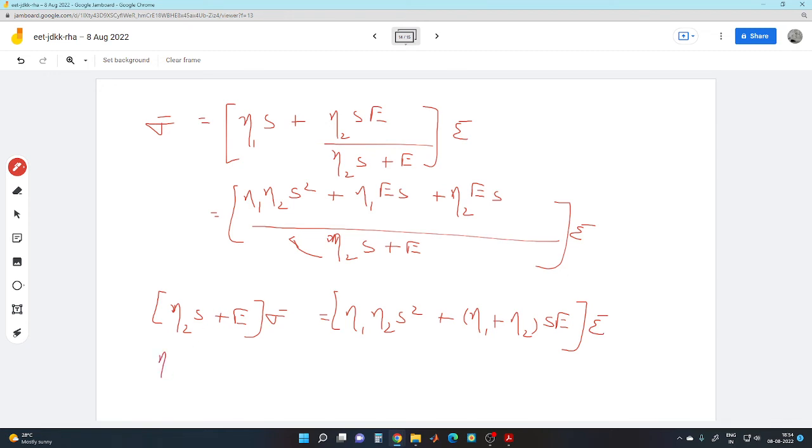So here if we disintegrate this, eta 2 s sigma bar plus E sigma bar is equal to eta 1 eta 2 s square epsilon bar plus eta 1 plus eta 2 E s epsilon bar. So we take the inverse Laplace transform now.